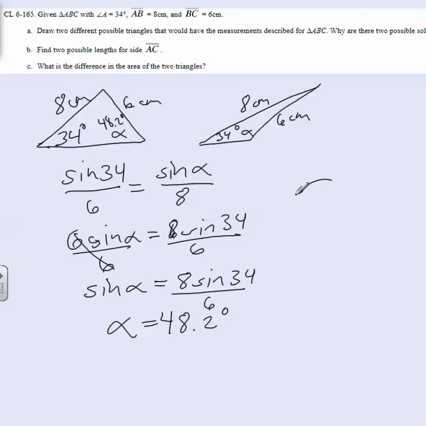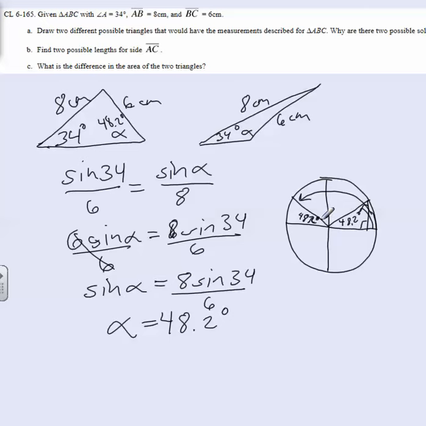If we take a look at the unit circle, and think about, let's say in this quadrant here, there's a 48-degree angle. So we're saying from here to here is 48 degrees. So my obtuse angle that's a supplement to that is an angle that is 48.2 degrees away from 180 degrees.